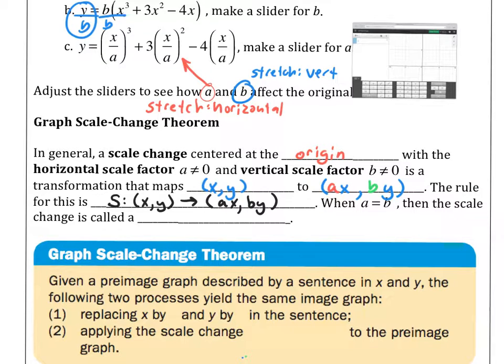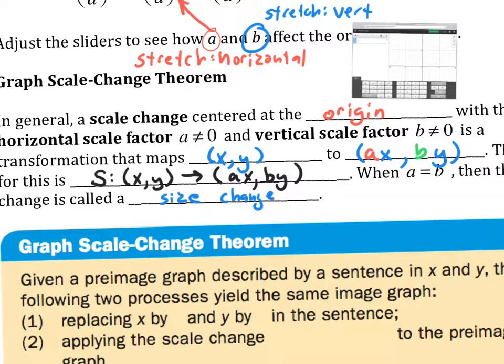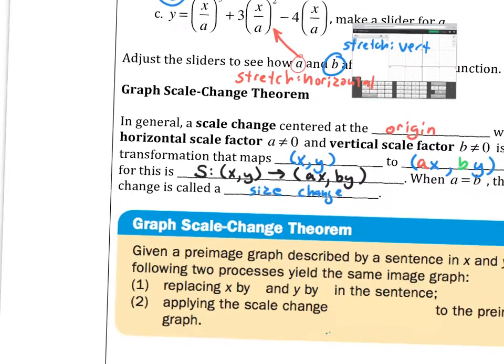by. When a equals b, so if I multiply both of them by 2 or multiply both of them by 3, then the scale change is called a size change. And we've seen this in geometry already. This is where you talk about similar, for example, similar triangles.